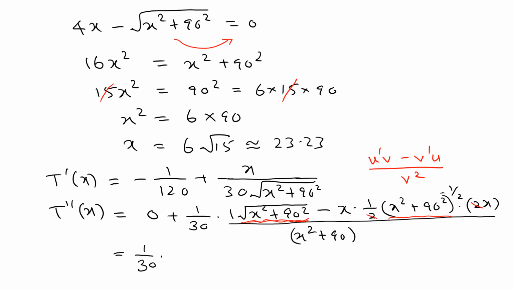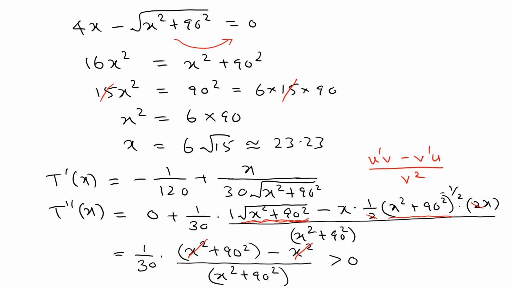So this side is going to be x squared plus 90 squared. You directly get that as the first term, the square gets cancelled out. Minus, on the other one, the negative square root term gets cancelled out, so you simply get x squared over x squared plus 90 squared, and then the x squared terms cancel out, so this simply becomes positive. Actually the bottom is to the power 3/2 because you have another square root term.